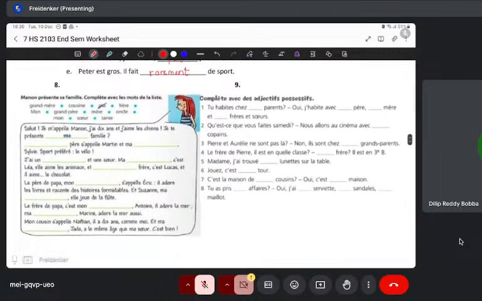What is here? Fill in the blanks. Okay, these are our adjectives, the possessive adjectives. So there are two parts. At least the right side is possessive adjectives. The left side is a bit of possessive adjectives as well as relations.